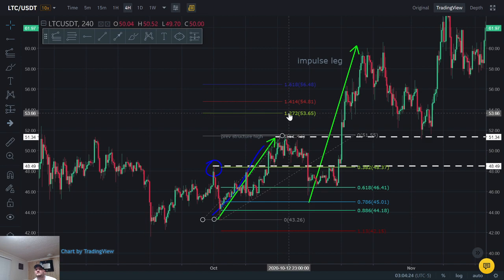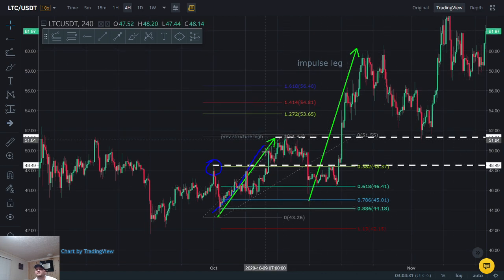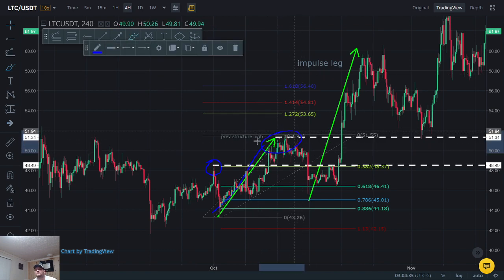The 127, 61.8, and you can see that nobody took profit. And we cleared this, right? So this is a lower high. This is an impulse leg.